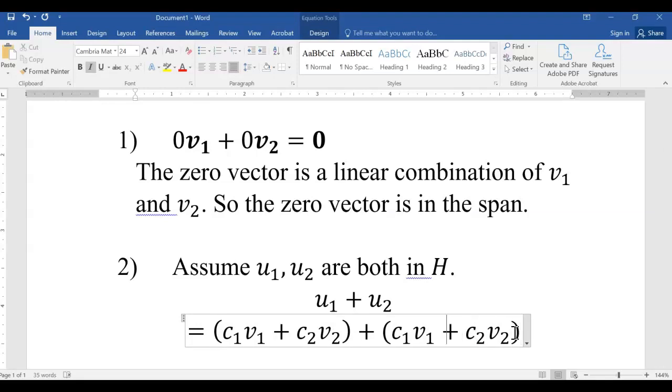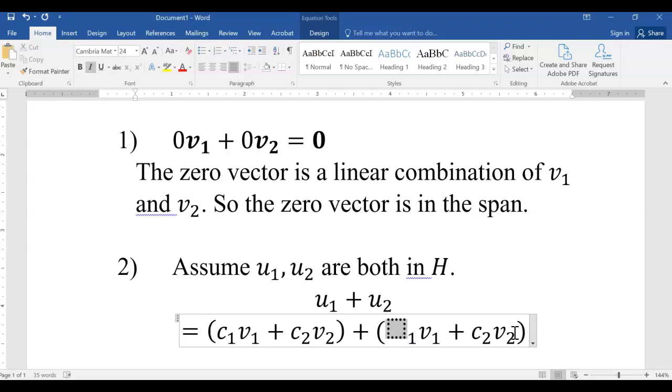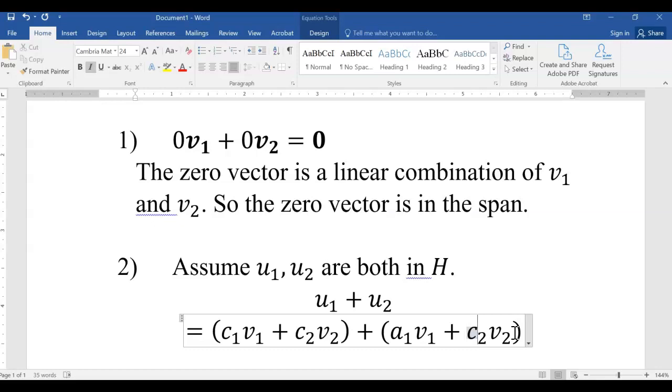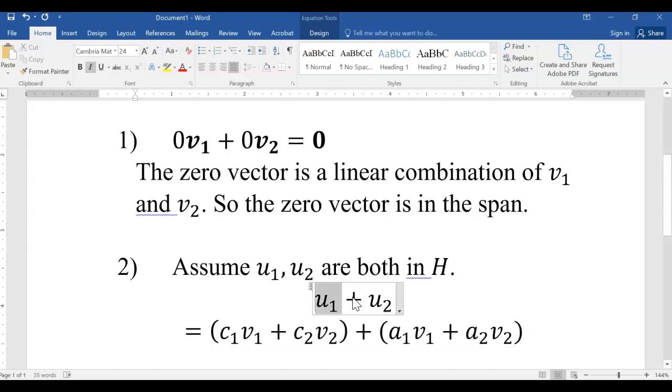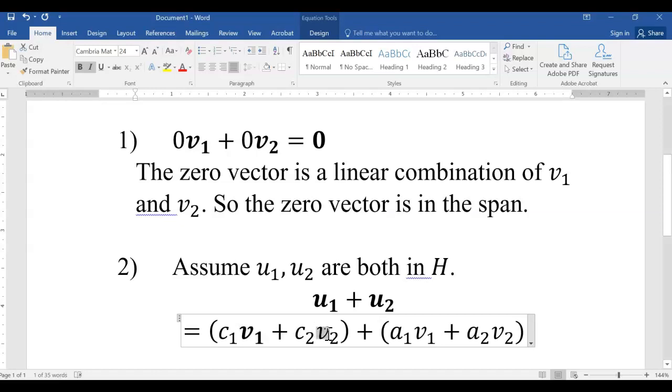It's in the span, so now it might have different coefficients. Instead of c's, let me use a's as the coefficients for u2, all right? So again, u1 is a linear combination of vectors v1 and v2. u2 is also a linear combination.